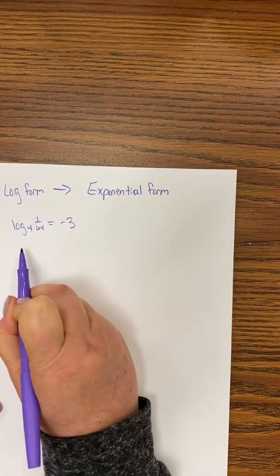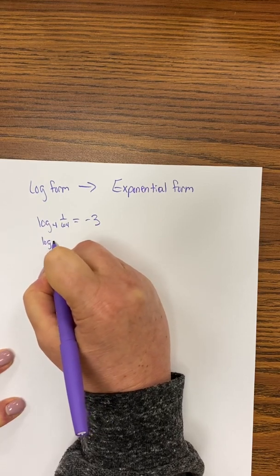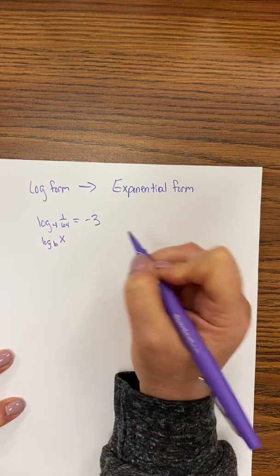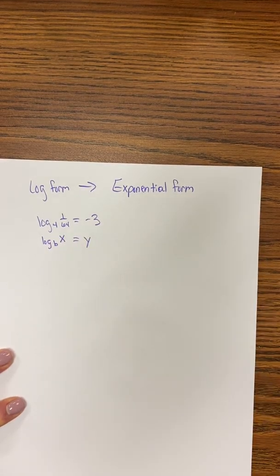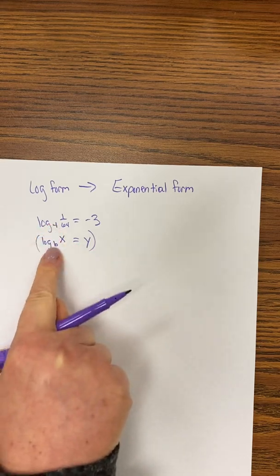Remember what all that is. I'm going to write that underneath. You have your b, which is your base, x is that number, and then y is that number. That's just a helpful guide to help you know what everything is.